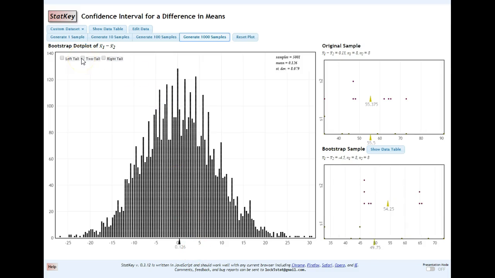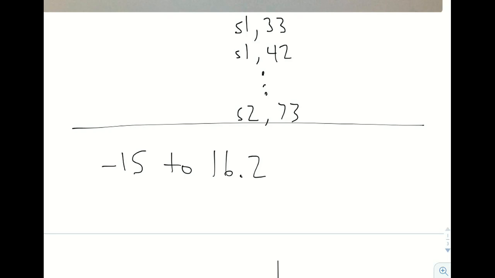And so when I go ahead and drop the two-tail on to do a confidence interval, let's say I want a 95% interval, my interval ends up being between -15 and +16.2. So let's go ahead and write that down and see what that means. So here I have -15 to +16.2, and that was representing strategy 1 minus strategy 2.